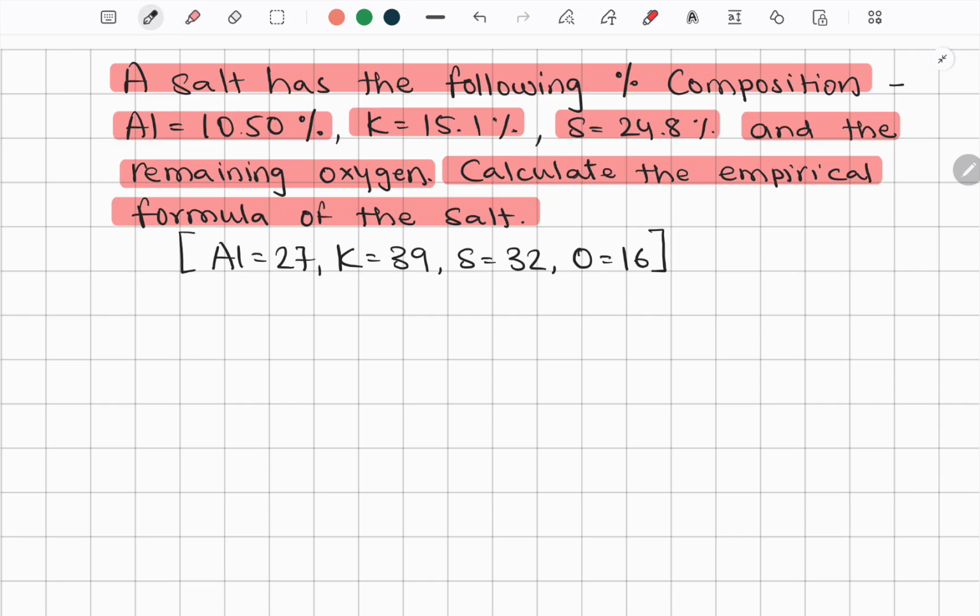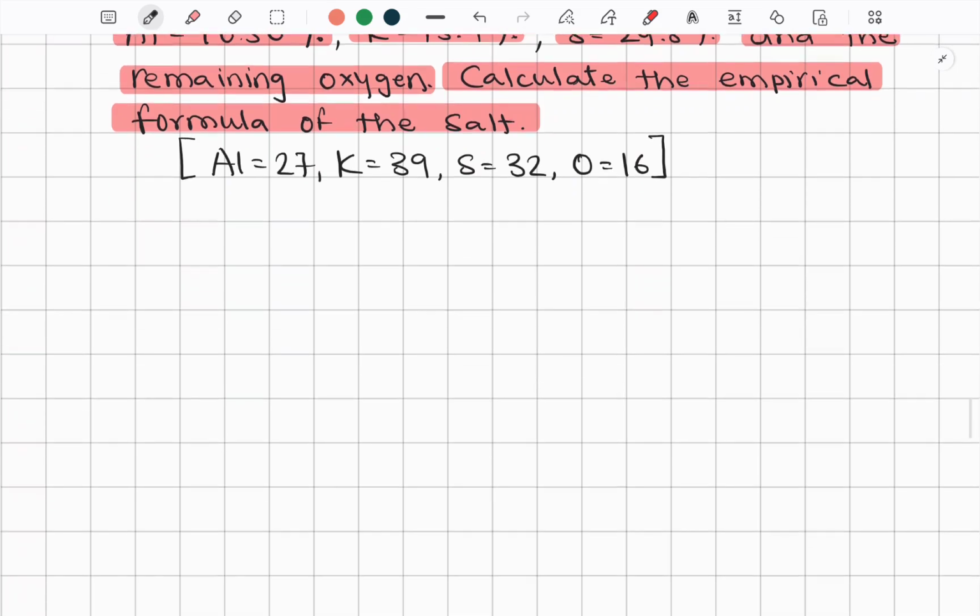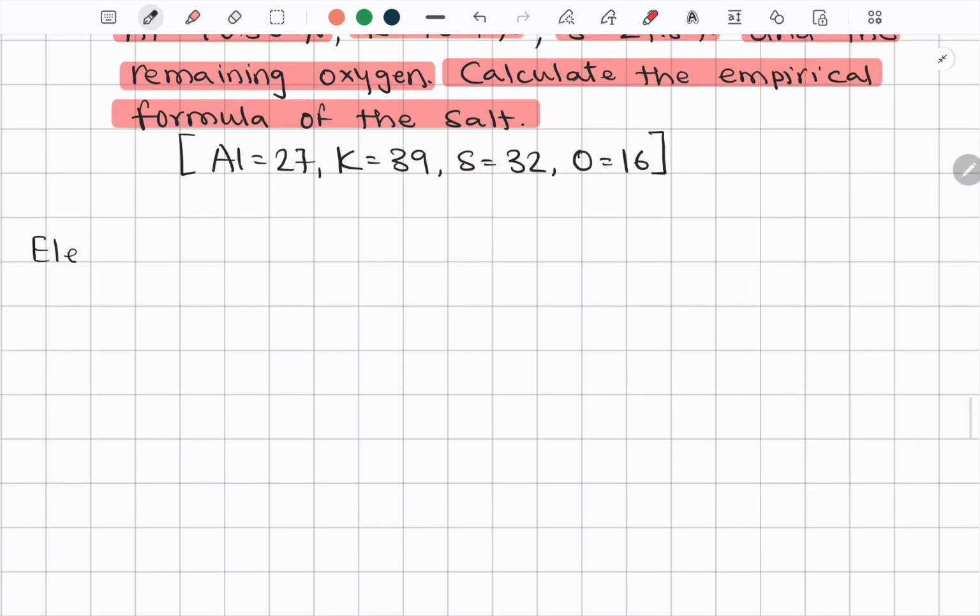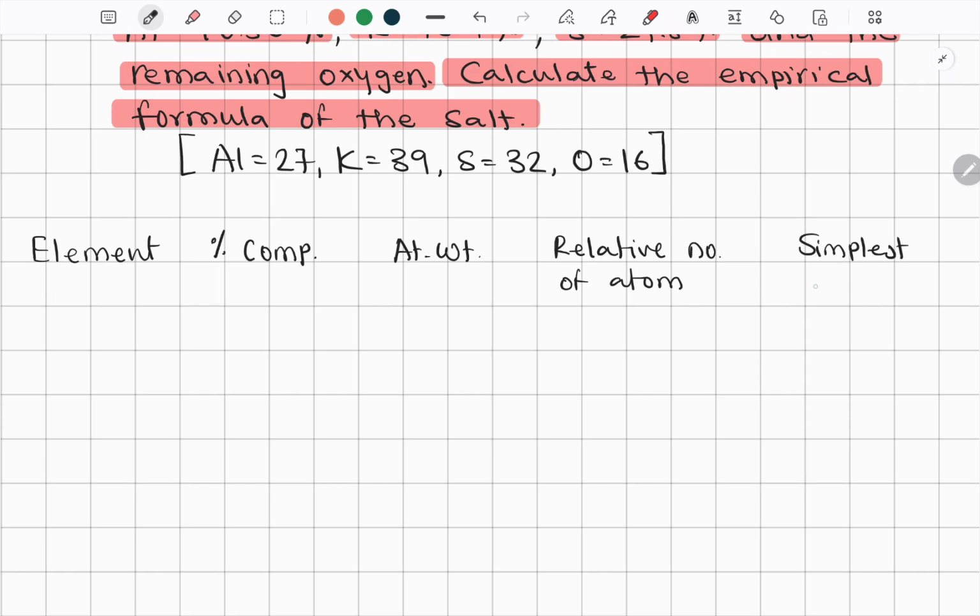Whenever it comes to calculating an empirical or molecular formula, we'll start with a table. The first column is element, second is percentage composition, third is atomic weight, fourth is relative number of atoms, and then comes the simplest ratio.